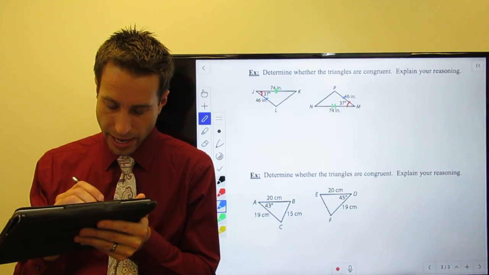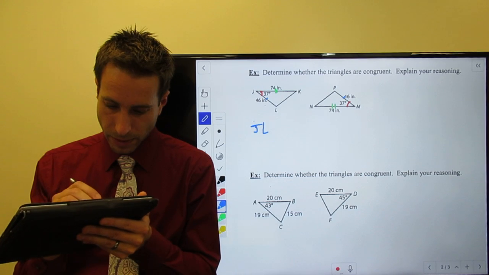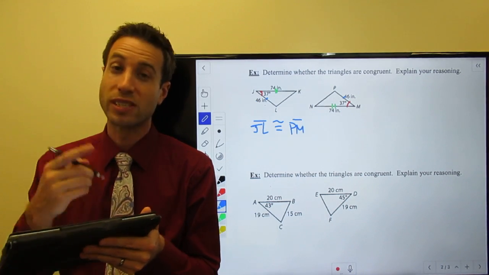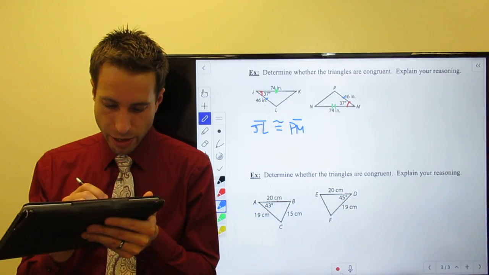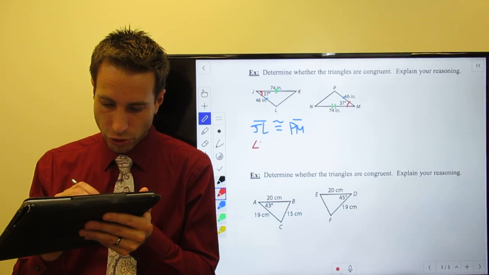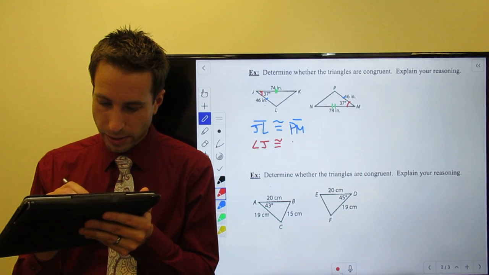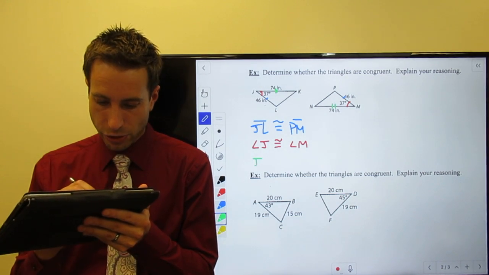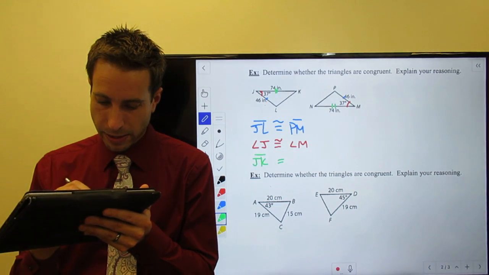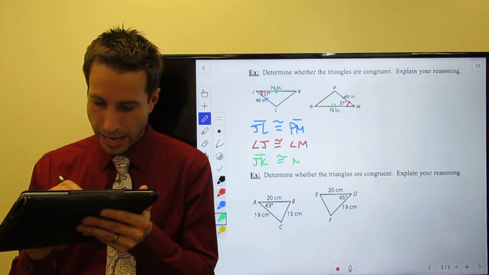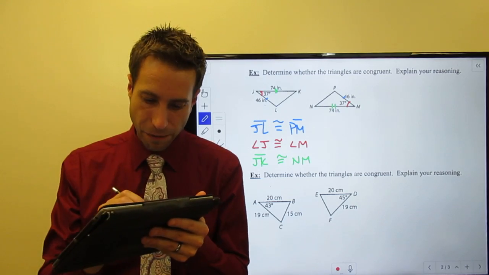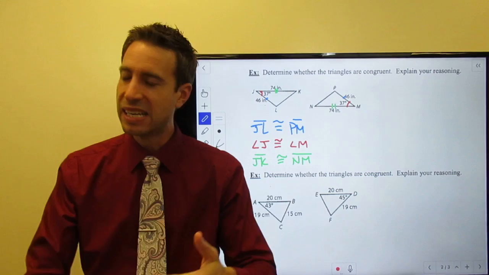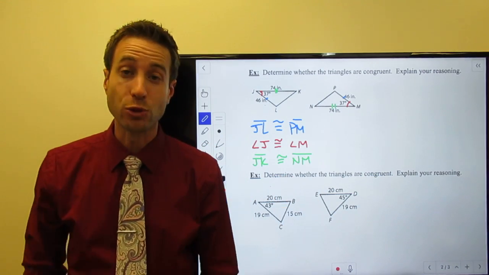Side JL is congruent to side PM, and I know that angle J is congruent to angle M, and I know that side JK is congruent to side NM. Therefore, by the side angle side congruence theorem, I know that these two triangles must be congruent.